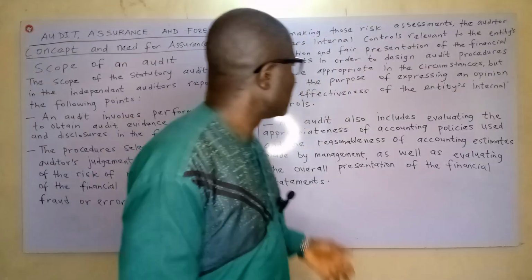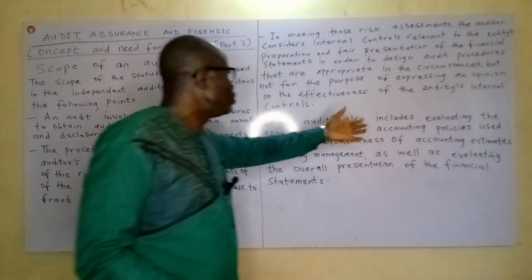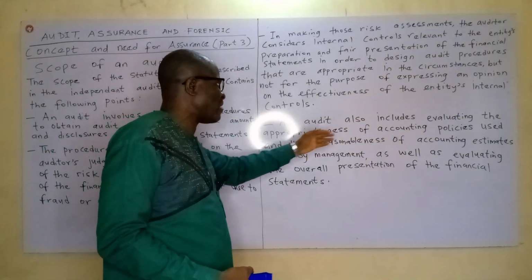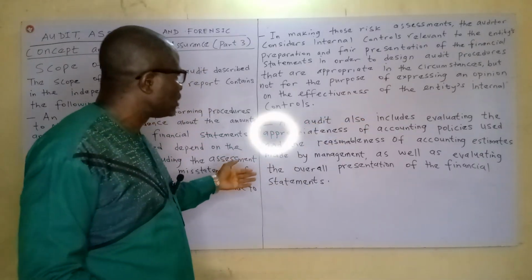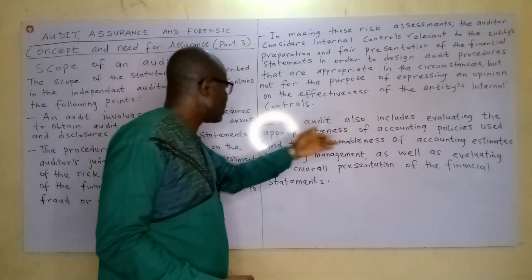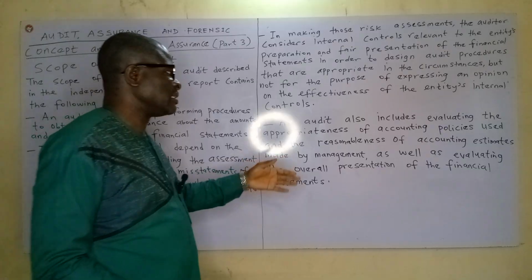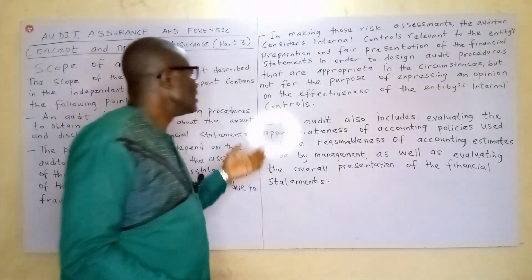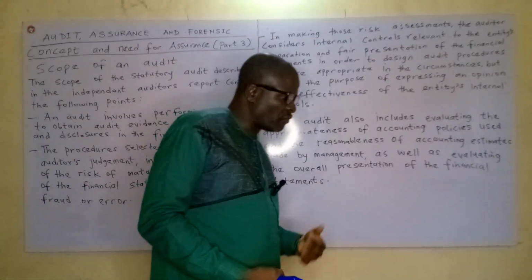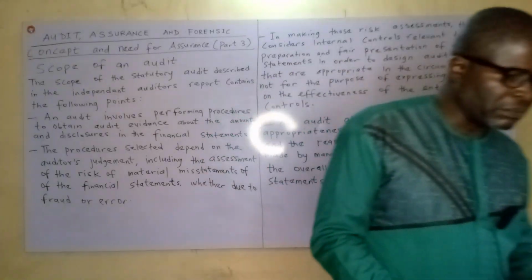Lastly, an audit also includes evaluating the appropriateness of accounting policies used and the reasonableness of accounting estimates made by management, as well as evaluating the overall presentation of the financial statement.